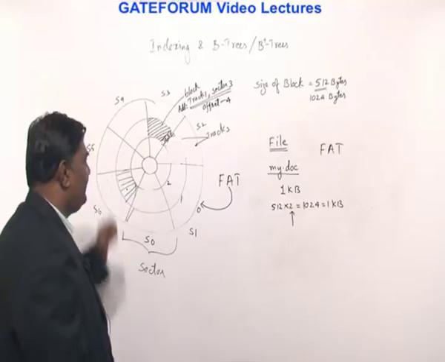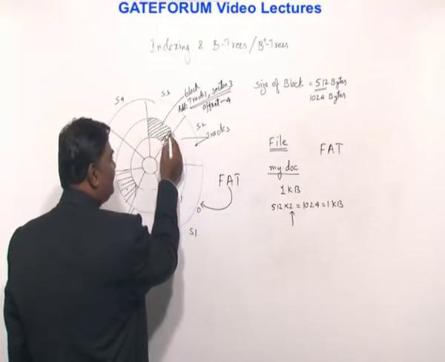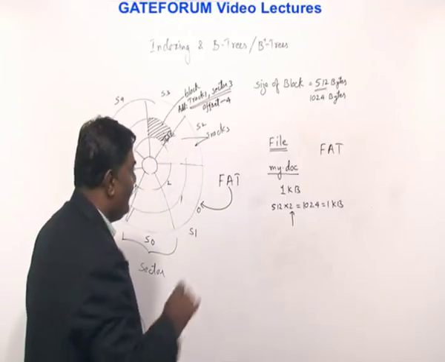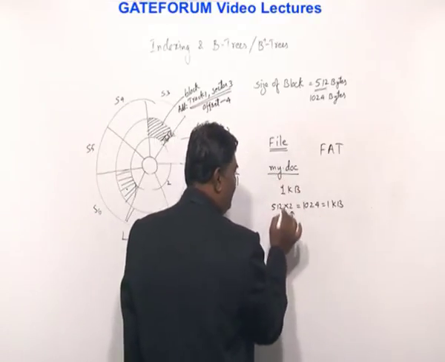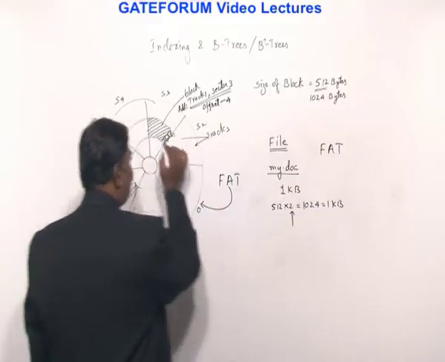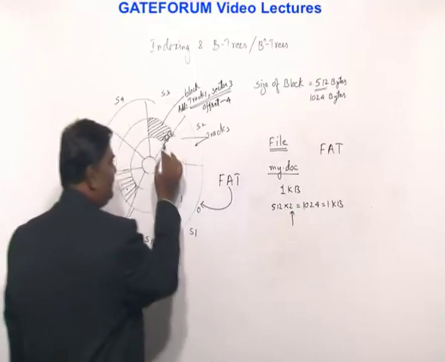Right. So definitely after storing the entire data of a file, we need some space for storing the link of the next block. If 512 is the exact size of this file, exactly 1 kilobyte is required, and 512 is the exact size of a block, then this entire thing cannot be stored in just 2 blocks.